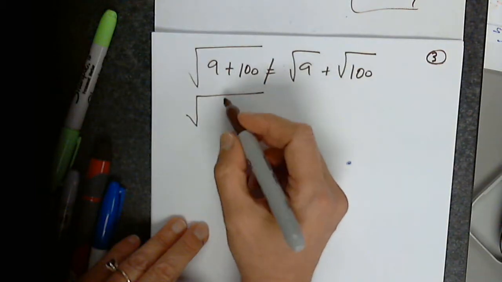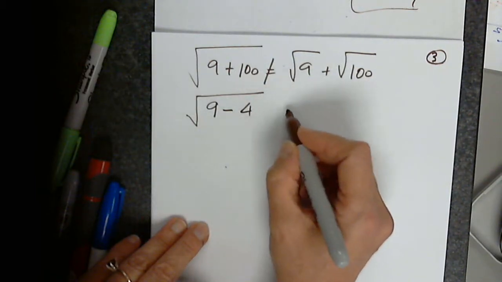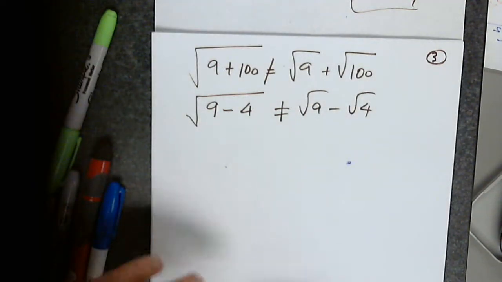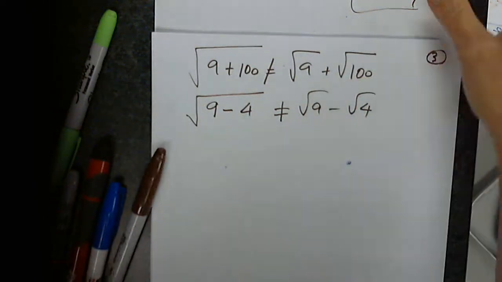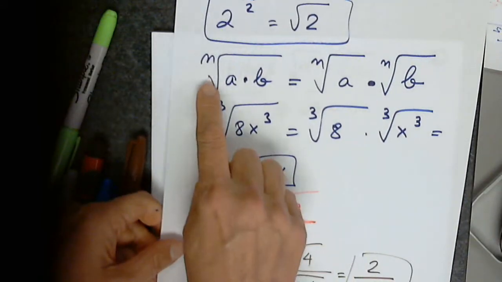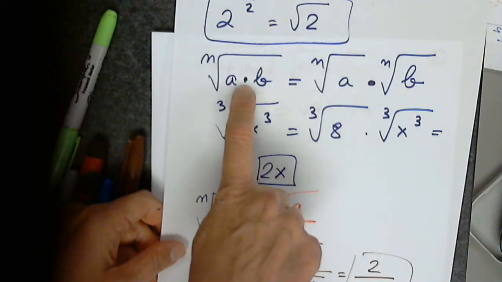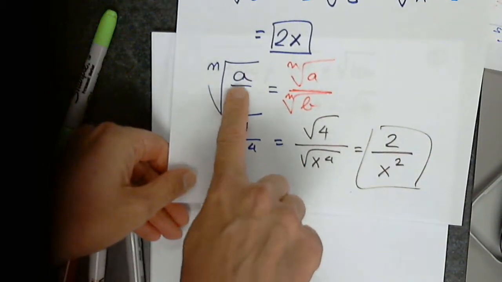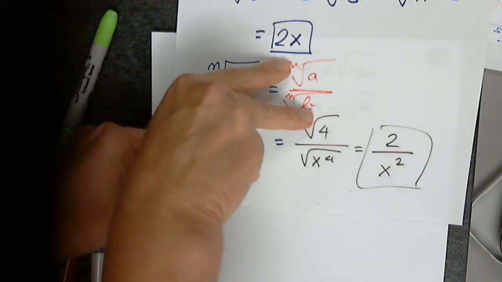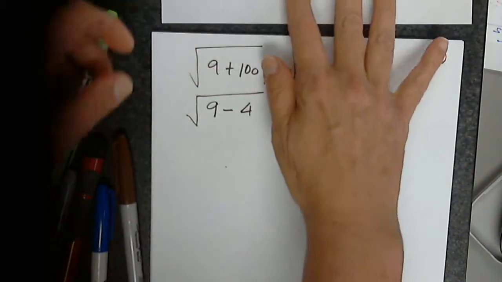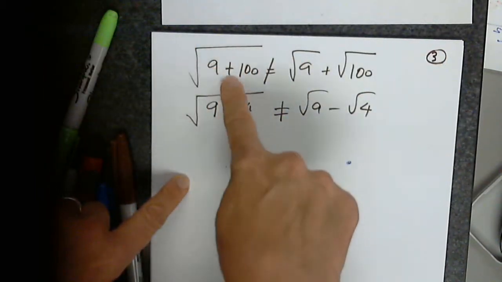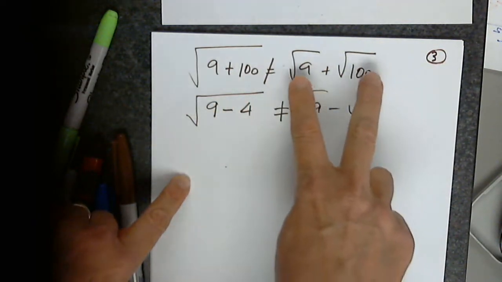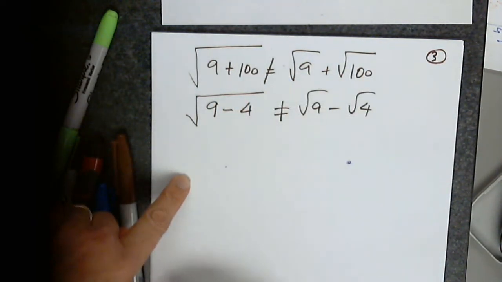The square root of 9 minus 4 does not equal the square root of 9 minus the square root of 4. So the point I'm making with this, I'm emphasizing the fact that if the radicand is a product, I can split it into 2 radicals. If the radicand is a ratio, I can split it into 2 radicals. But if the radicand is a sum or the radicand is a difference, I am not allowed to separate the radical.